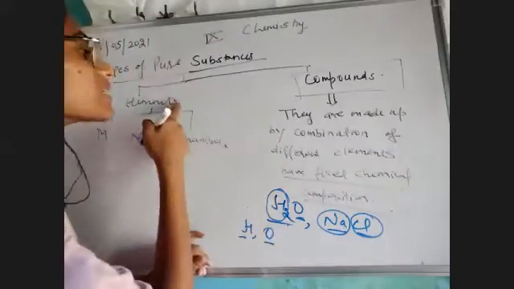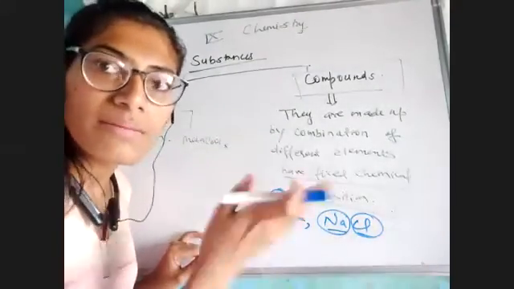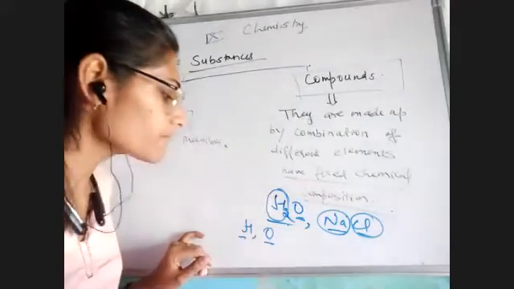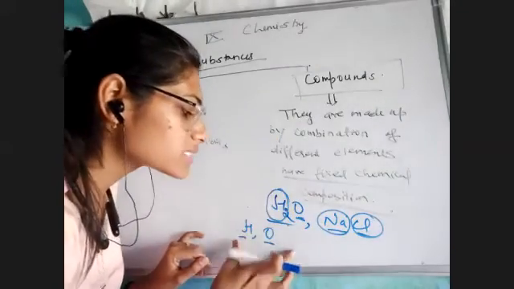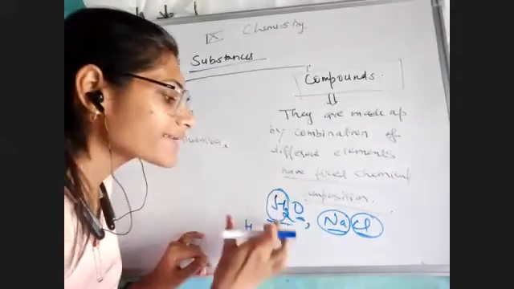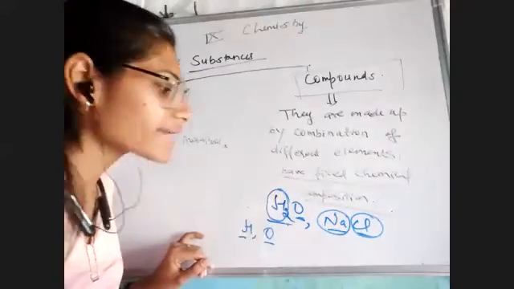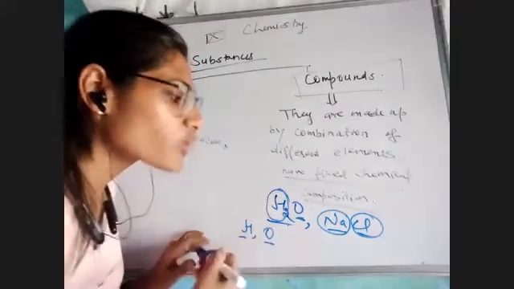Second, these are elements. I have told you that elements have 3 different natures: metals, non-metals, metalloids. So hydrogen and oxygen are both non-metals, but the best point is they are in a fixed chemical composition.